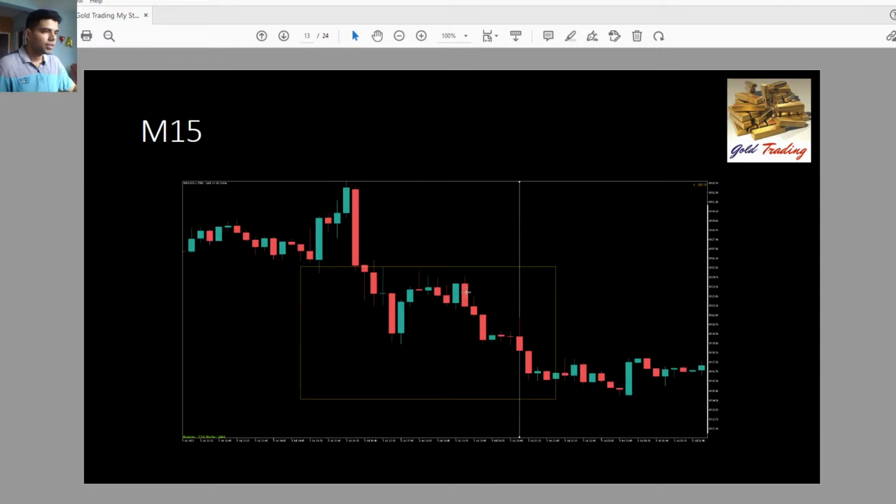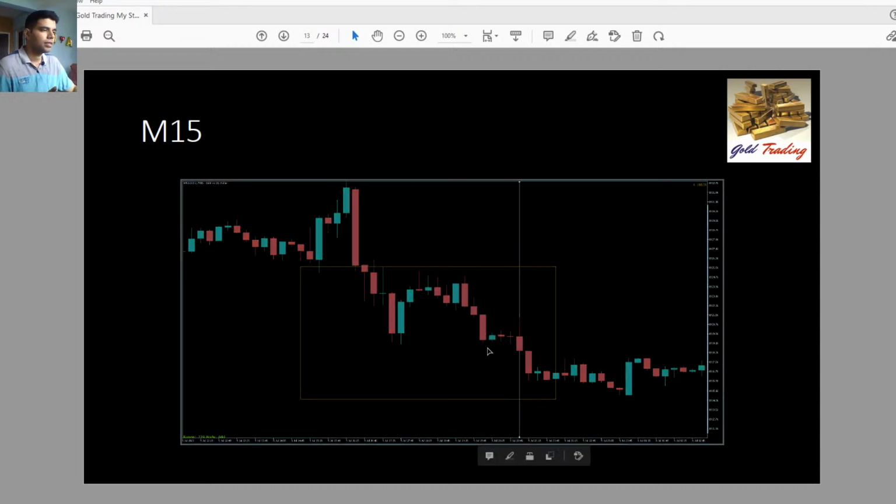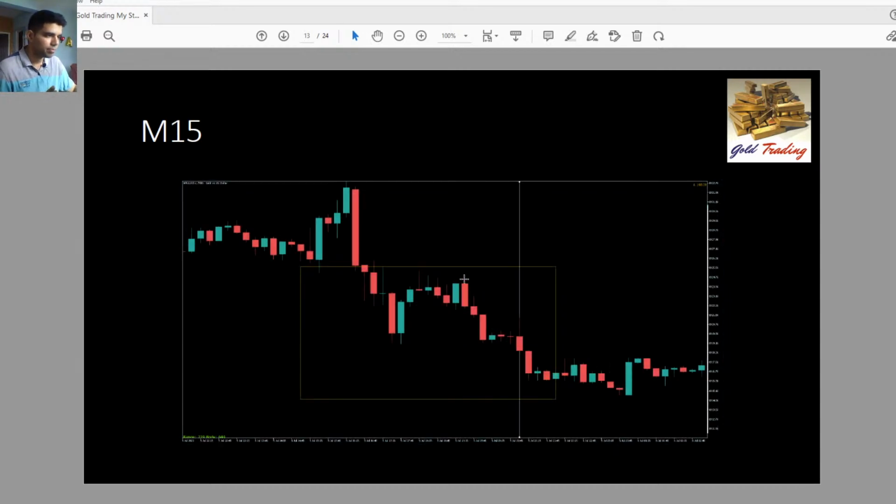So this is in the 15-minute time frame. This is downtrend. This is main trend. This is minor counter trend. This is small green candle. Then there is starting of formation of confirmation candle. So this candle is small red candle, and we have a nice big red candle formation.